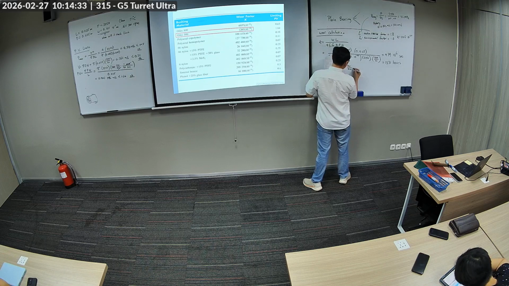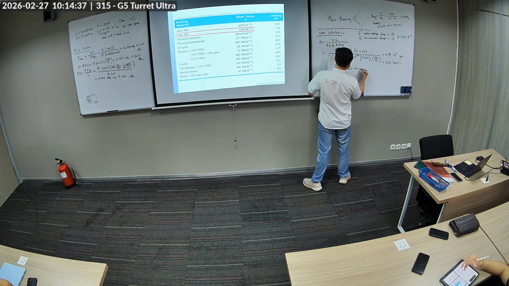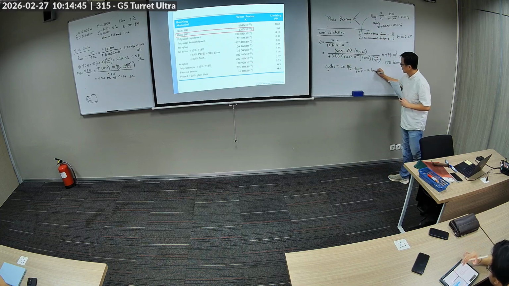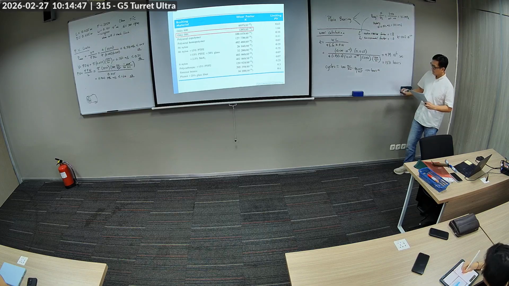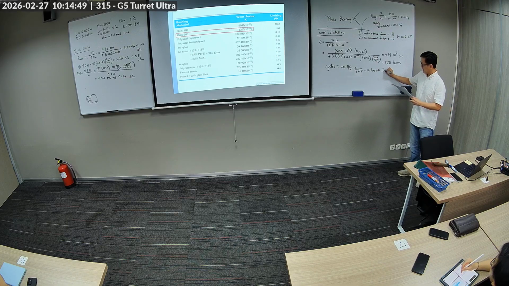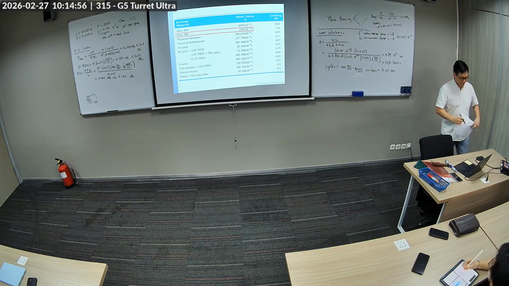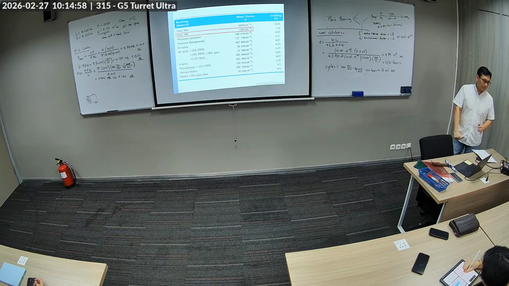Multiply with 60 minutes in 1 hour, multiplied by 1331 hours. So you'll get 16 million revolutions. Revolutions, cycles, those are all the same. Yep.